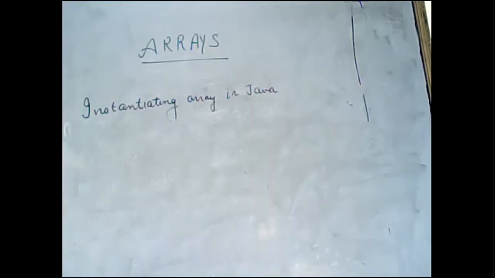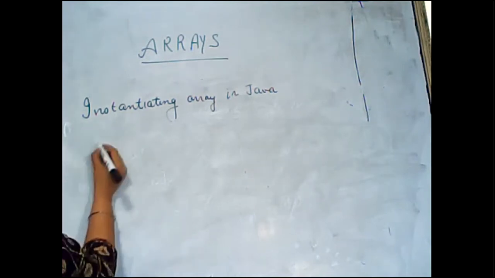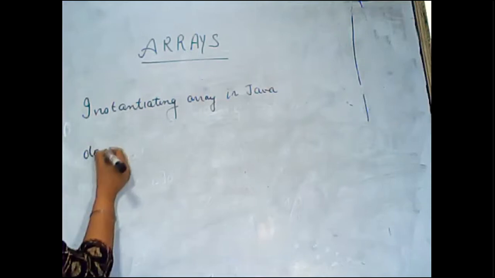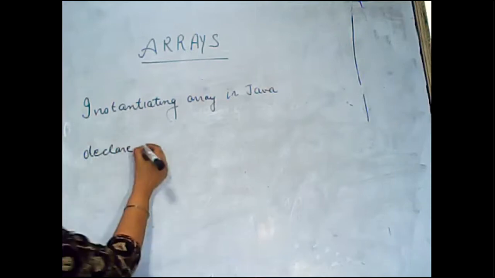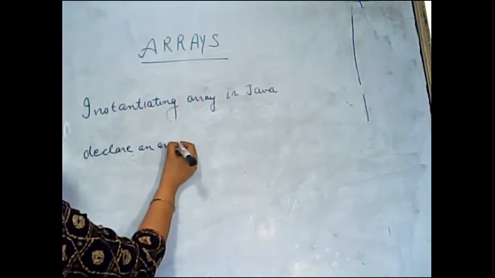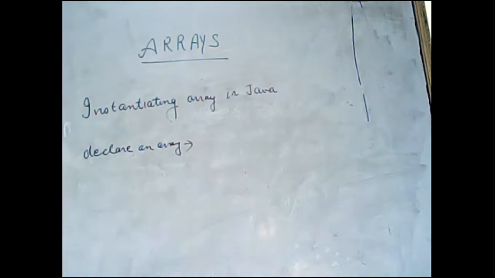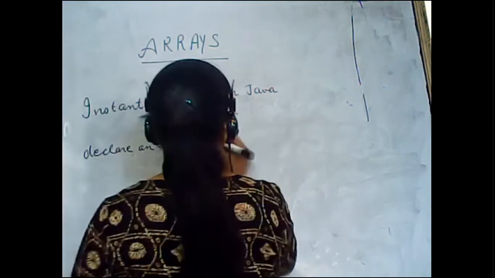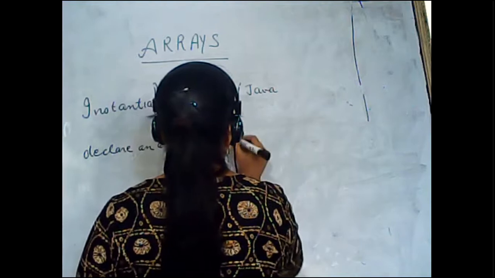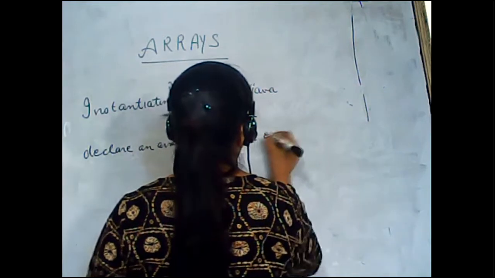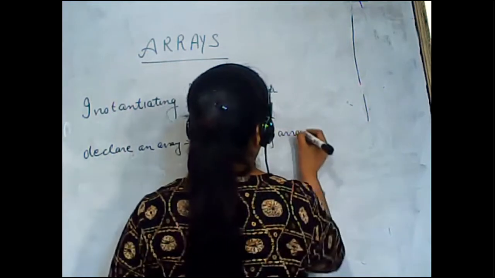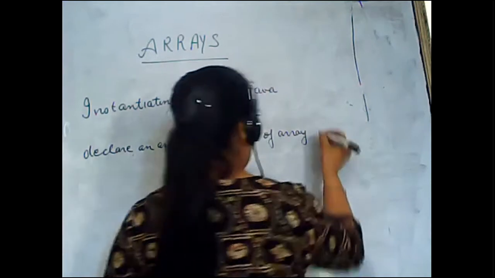Okay. So here you can mention that when an array is declared, only a reference of the array is created. So at the time of declaration, only a reference of an array is created.